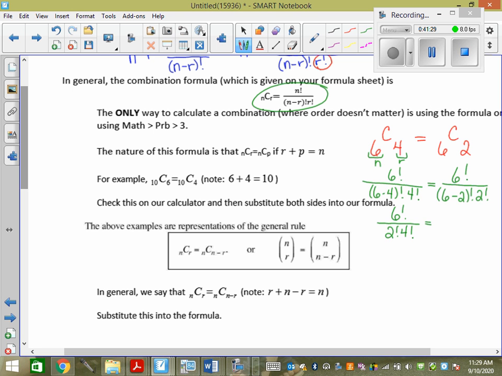And this one is 6 factorial over 4 factorial, 2 factorial. Does that make any difference? 2 factorial times 4 factorial or 4 factorial times 2 factorial? No. Multiplication can be in either order. Like 3 times 4 is the same as 4 times 3, right? So it only works because of the difference, because there's this extra r factorial, which P doesn't have. So you can't go 6P4 equals 6P2. That's not true. It only works with C's.